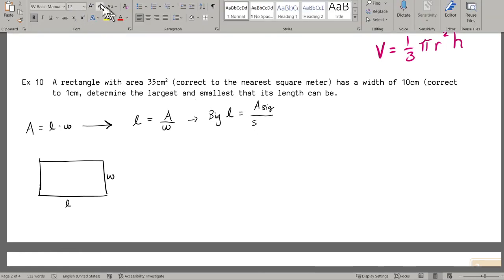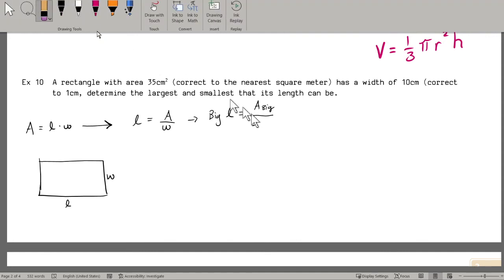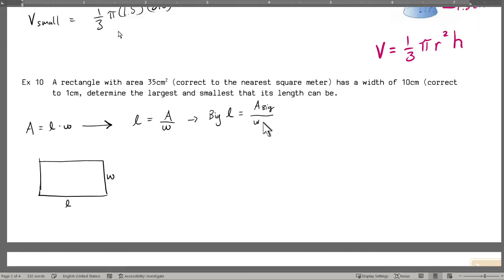This is very similar to the question about the velocity. In order to get a small length, I need a small area divided by a big width.